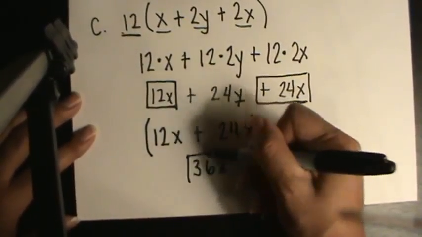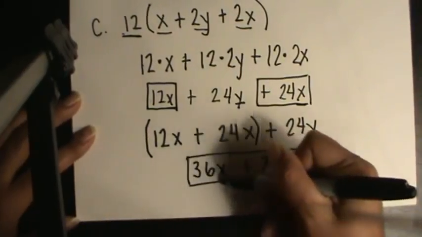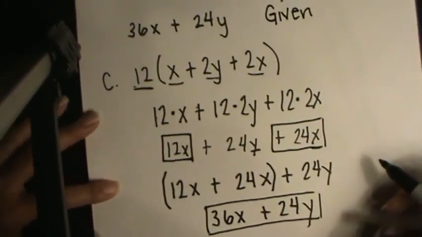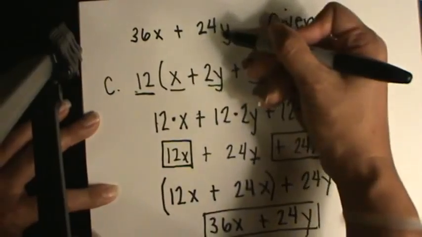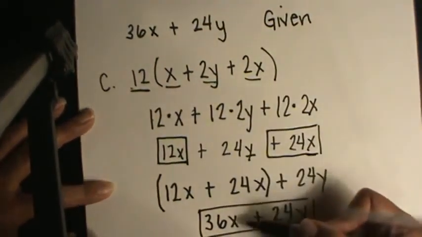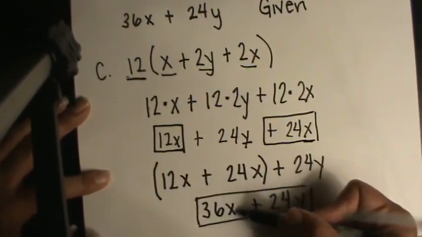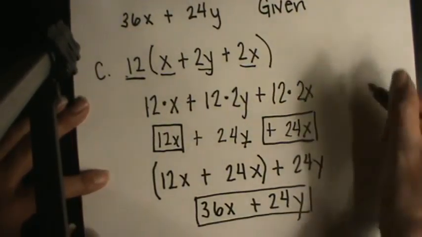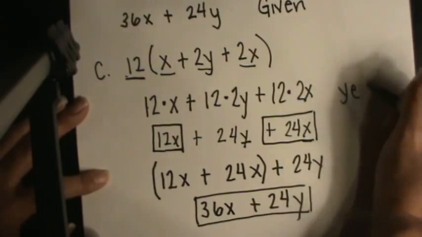I am done simplifying, but now I must compare. My original given expression was 36x plus 24y. Is that equivalent to 36x plus 24y? Yes.